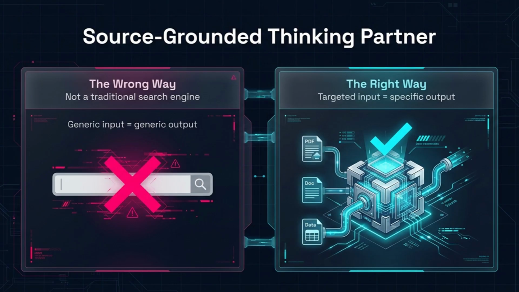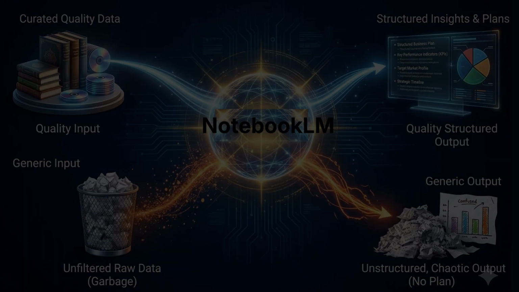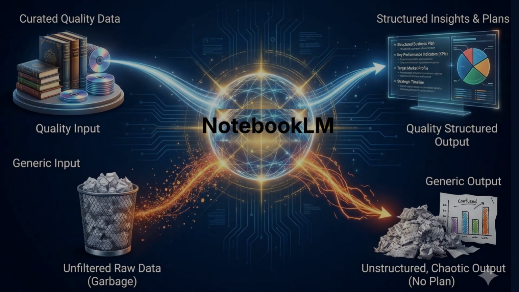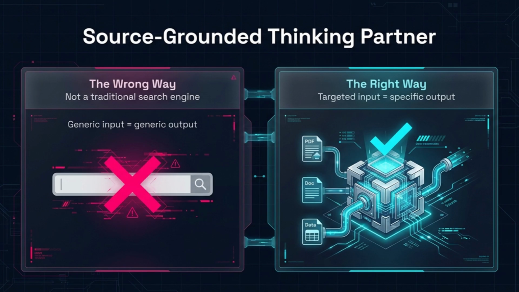It's a source-grounded thinking partner, and it's only as smart as what you feed it and how you ask. You know that saying, garbage in, garbage out. With NotebookLM, it's more like generic in, generic out. The tool didn't fail you, the inputs did. Once that clicked, everything changed.